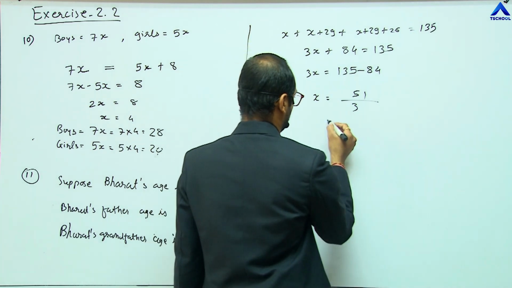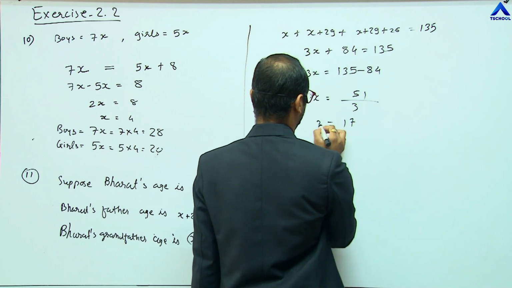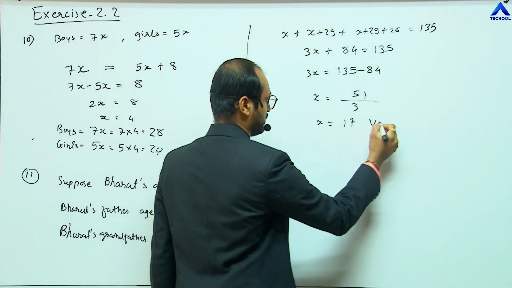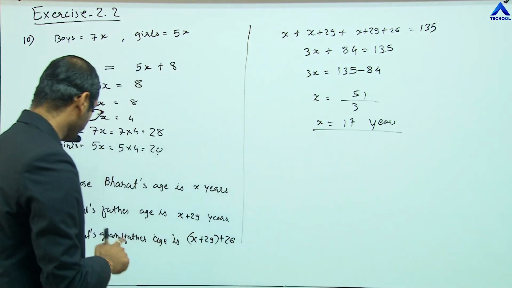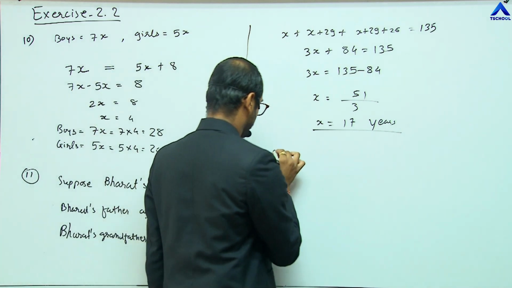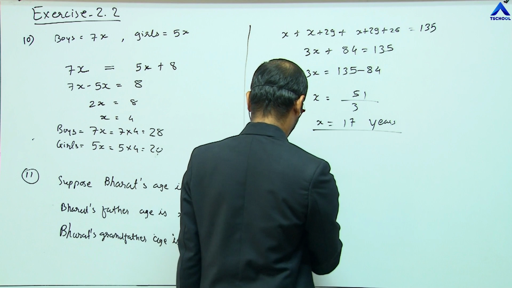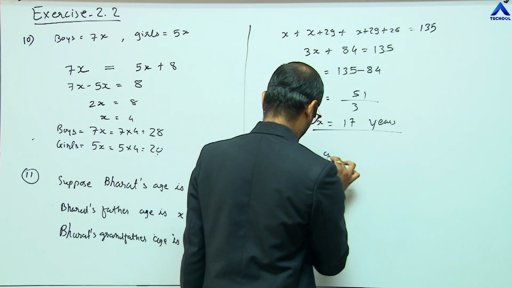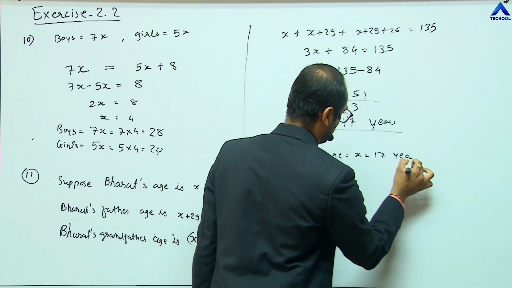Now x is 17 years. So what is the answer? What is Bharat's age? Bharat's age is x equals 17 years.